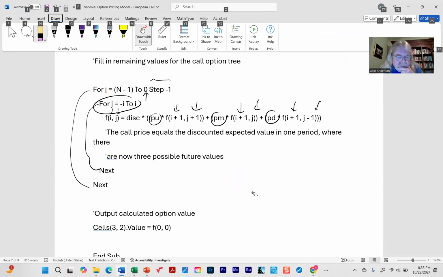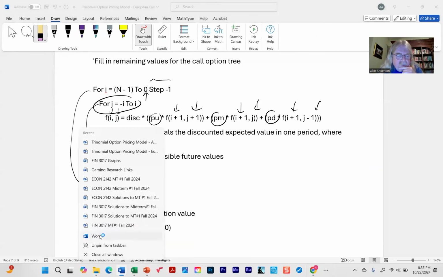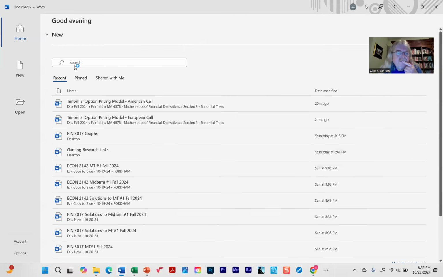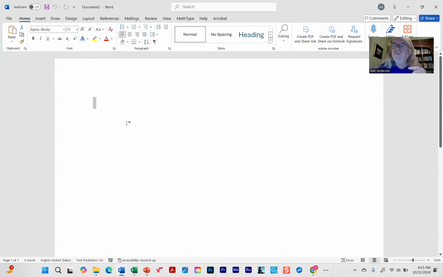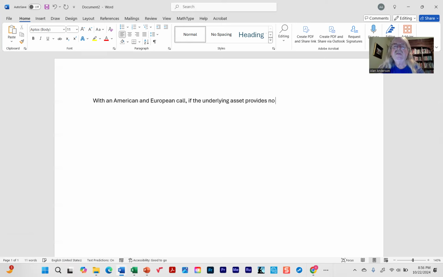In fact, let's see, maybe I could write that down somewhere just to make sure we don't lose this. So this is one of the interesting results from option pricing theory. With an American and European call, if the underlying asset provides no cash flows to the owner, it can be shown.